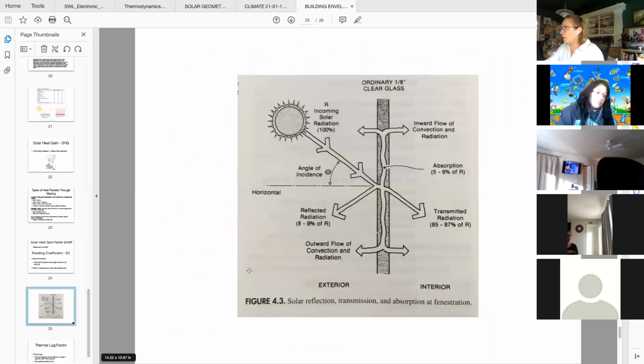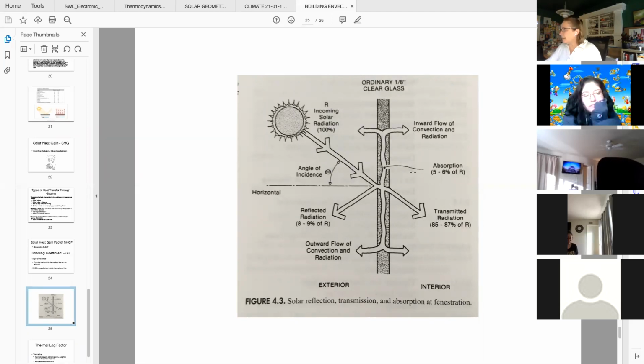This is a good little diagram of what's happening here. So we have our solar radiation coming from the sun that hits, this is single pane glass. Some energy, heat gain, is directly transmitted through the glass, and that's going to be dependent on our SHGC.